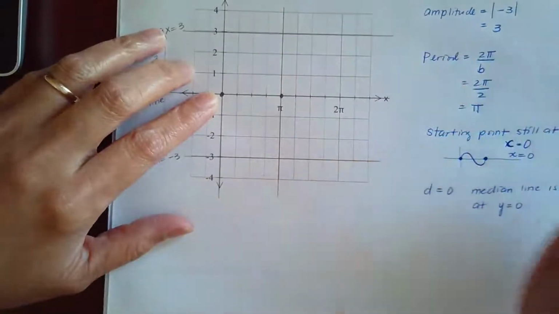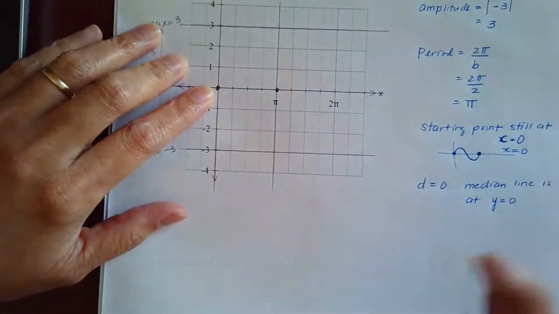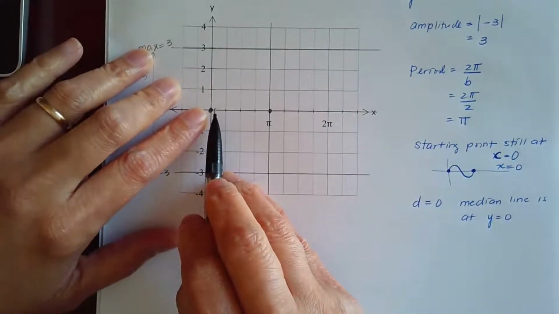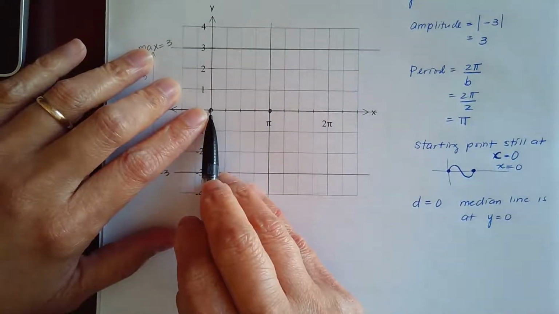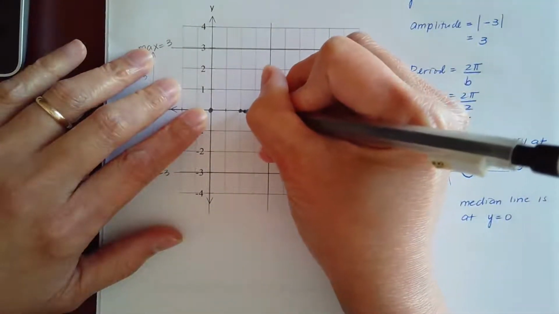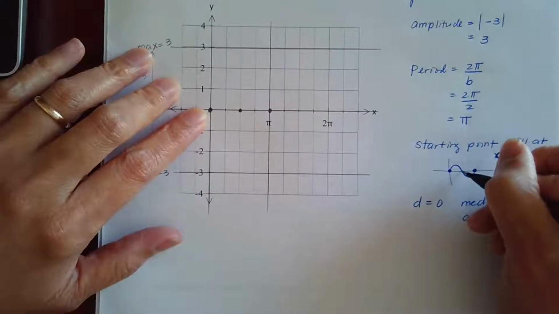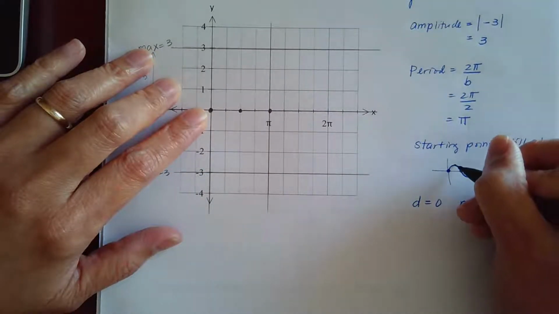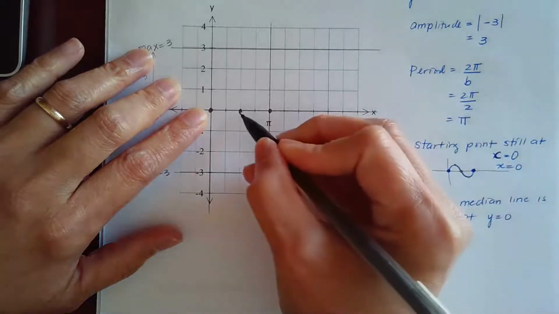Okay, let's put it together. What are the 5 key points? So this is the first point, and it ends there. Half of that, the middle, that's where this point right here is. So I'm going to do the 5 key points there.